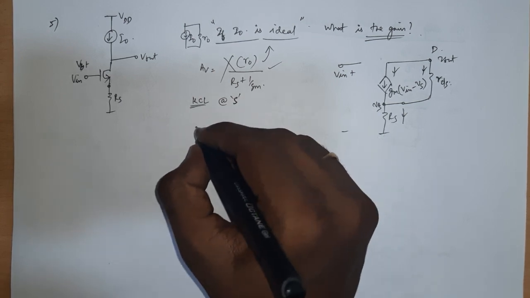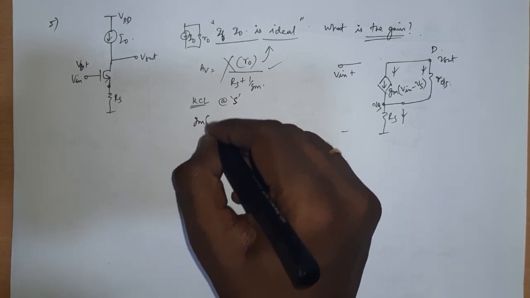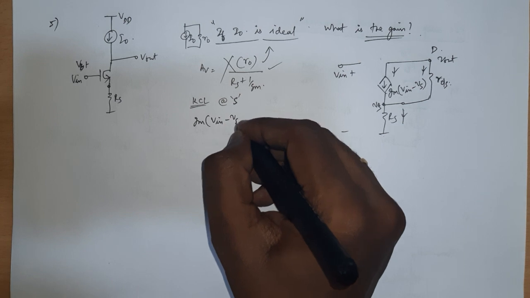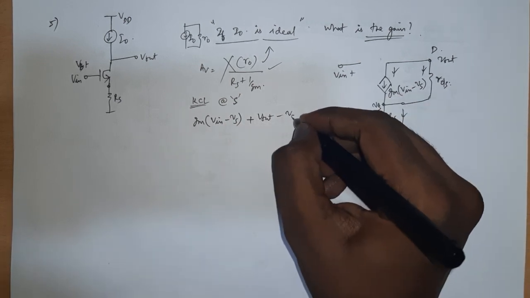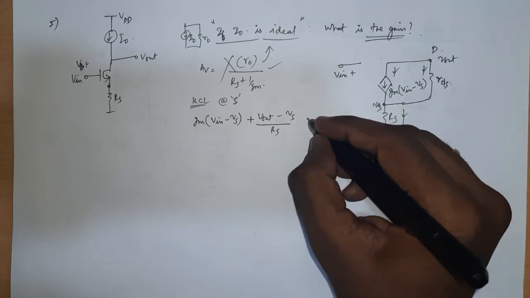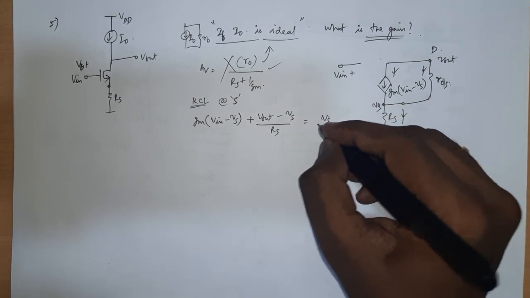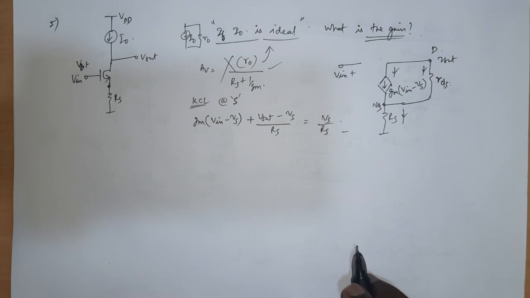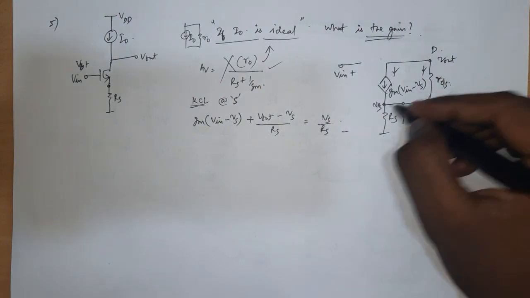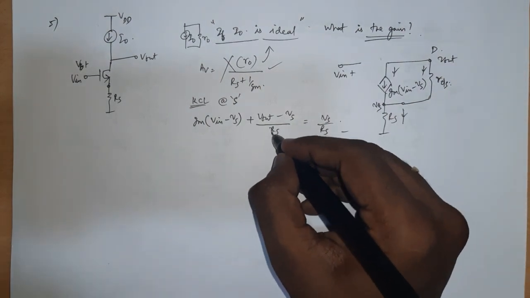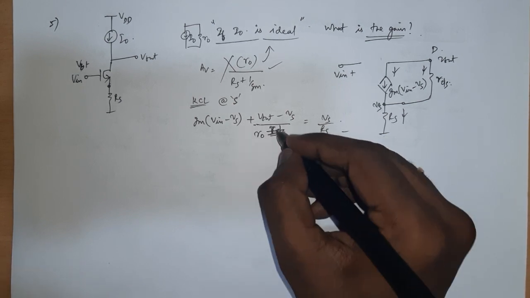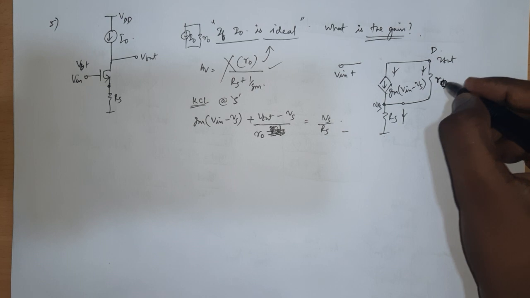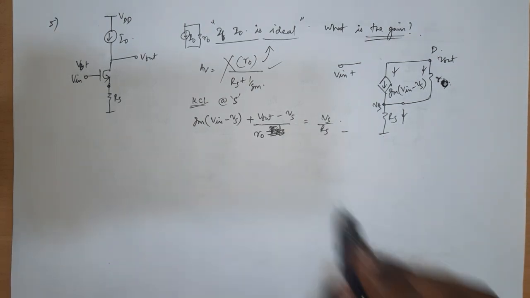You will have Gm times Vin minus Vs plus Vout minus Vs by R0 equal to Vs by Rs. Just to avoid any confusion, let me call it R0. This is Rs and this is R0.